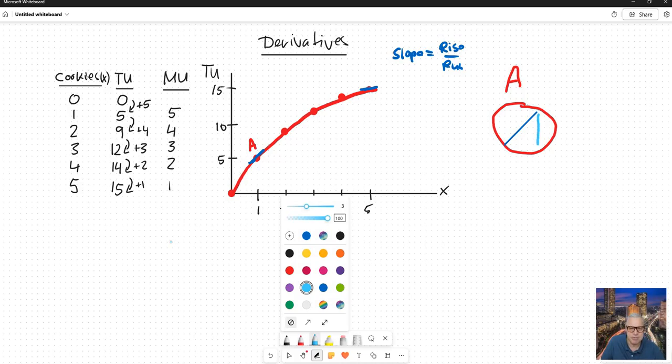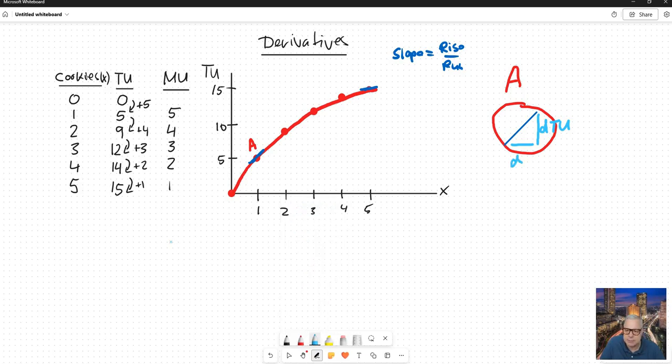Because everything is so small, we call this distance the change, and we just write d, which means a very small change, dTU. So the rise is the change in total utility here. And the run is the change in x.